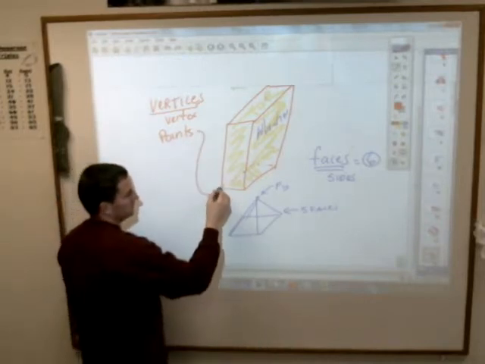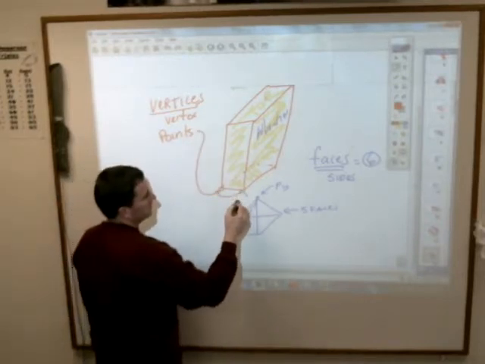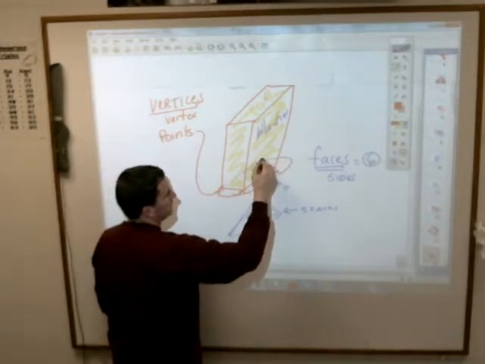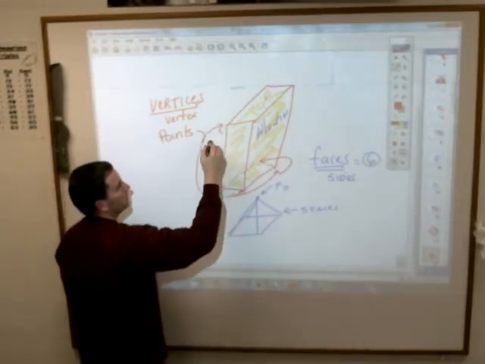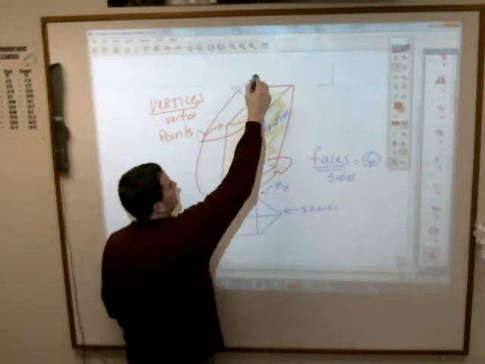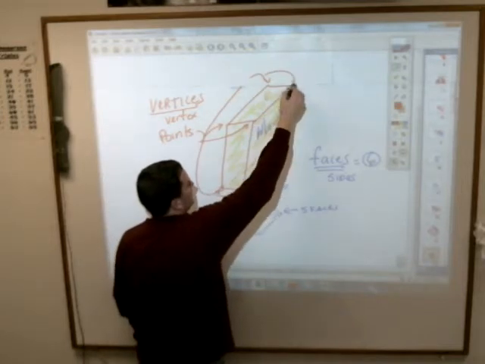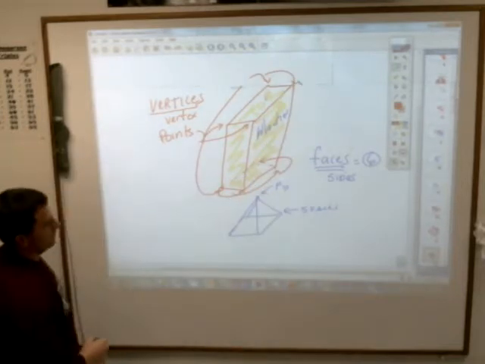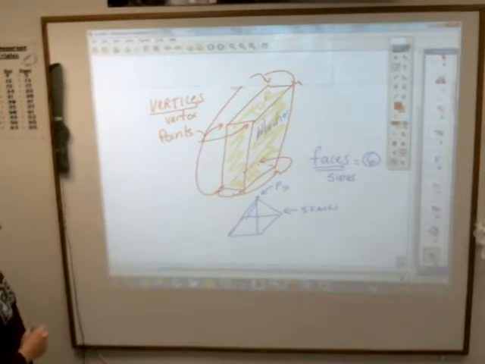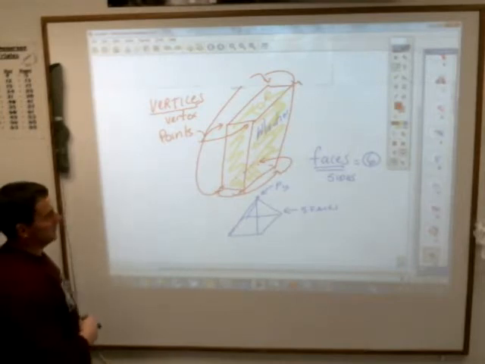Here's a point, there's a point, there's a point, there's one back there that we can't see, there's a point there, there's a point there. If that point hit you first when somebody threw it at you, that would hurt a lot more than if the face hit you first.